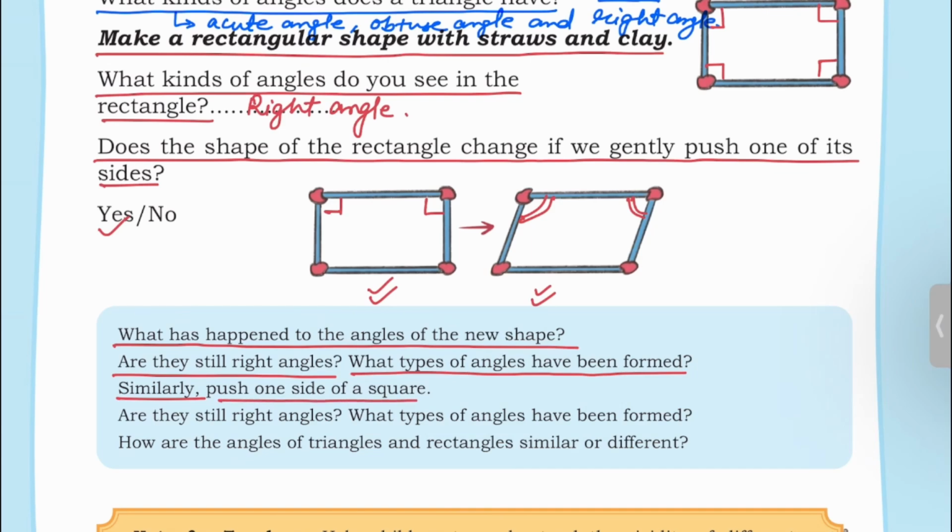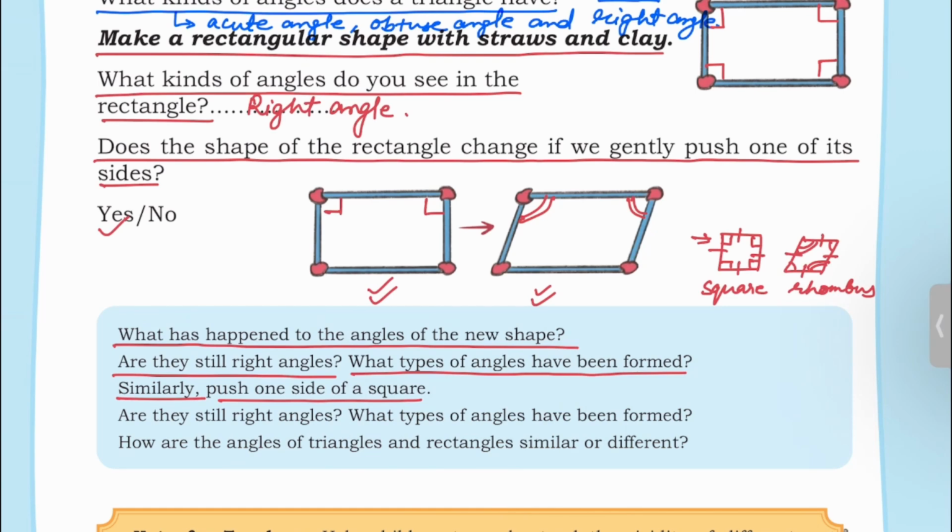Similarly, push one side of a square. If you push one side of a square, you will get rhombus. That means the angle changes. You will get obtuse angle and acute angles. This is square and this shape is known as rhombus. Both have all sides equal.